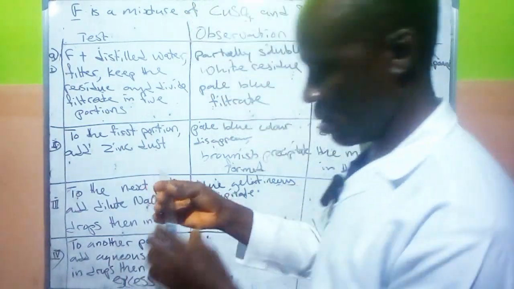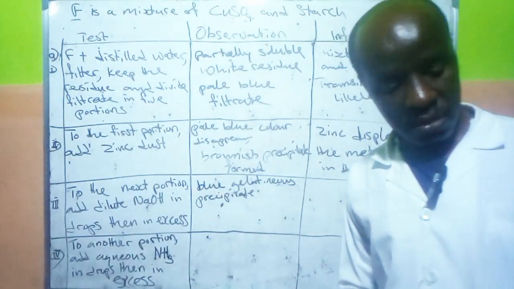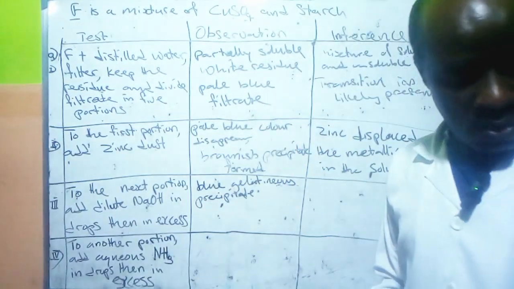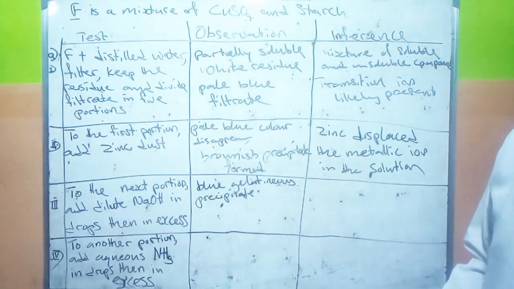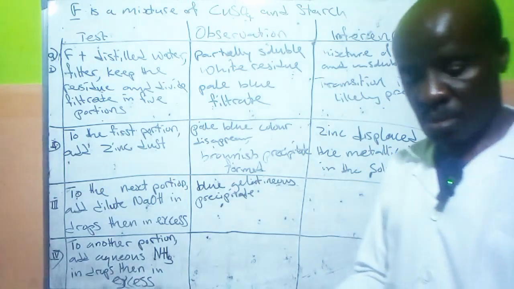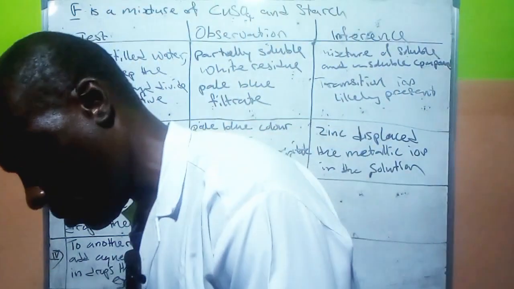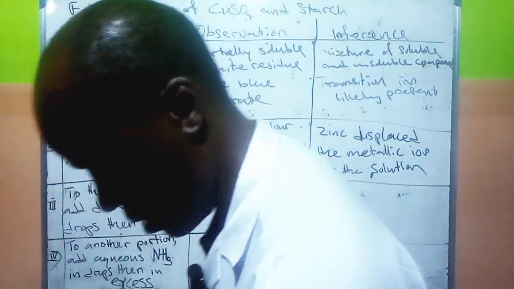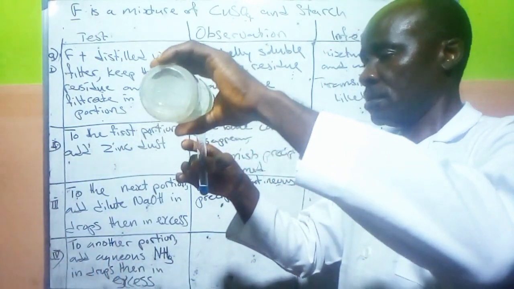Then let's say we add in excess. It's always nice to reduce the quantity and use a small quantity so that you'll be able to get the best results, and it's easier to know when we're adding in excess. So I add now in excess.